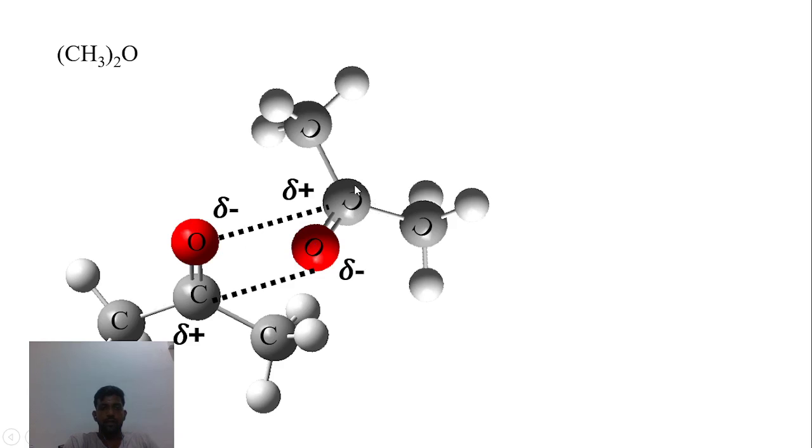So definitely the positive end of one, this carbon, attracts the negative end of this oxygen, so there will be forces of interaction. Because we are talking in terms of positive and negative charge, they are called electrostatic forces of interaction.